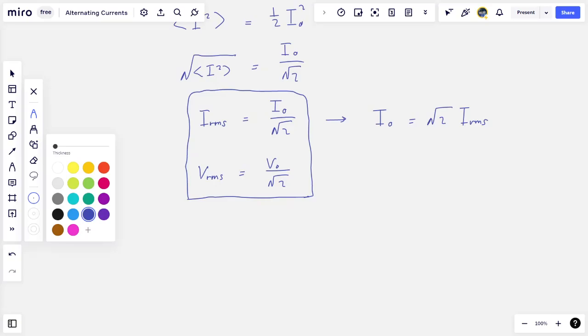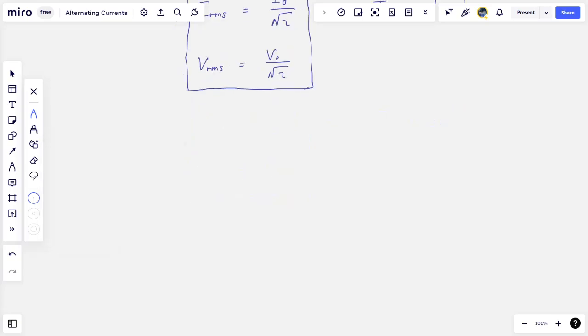One more thing we need to talk about is the power. Now power, if we again go back to our knowledge of electric circuits, is voltage times current, V times I. So an RMS power would be V_RMS times I_RMS.